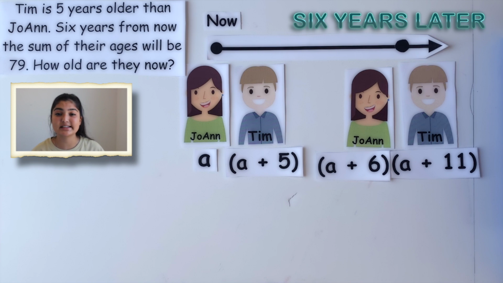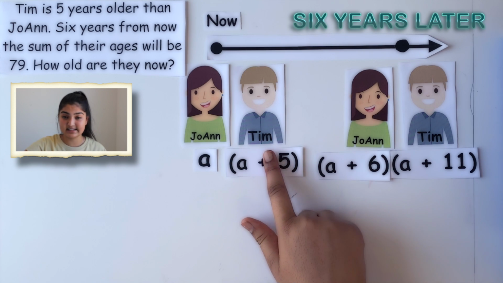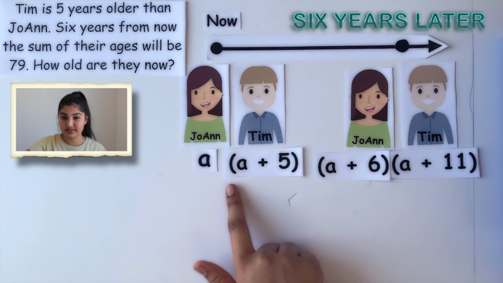So we can use this to set up an equation and solve for the value of A. Because remember, we want to find how old JoAnn and Tim are now.